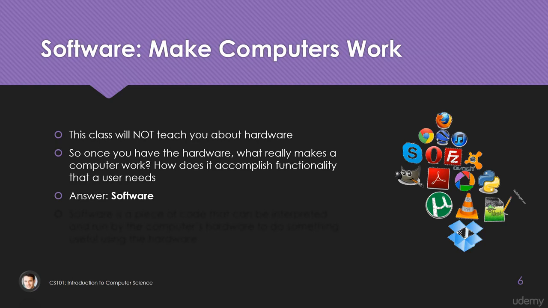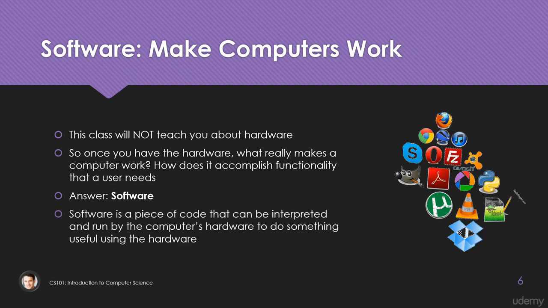And as an overall high-level definition, software is a piece of code that can be run or interpreted by your computer's hardware, and it does something useful using the hardware that it runs on. This is probably what you use on a day-to-day basis to do useful things on your computing device, whether it be your desktop, laptop, or smartphone.